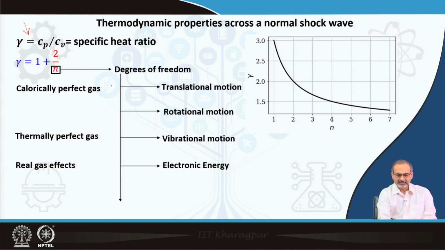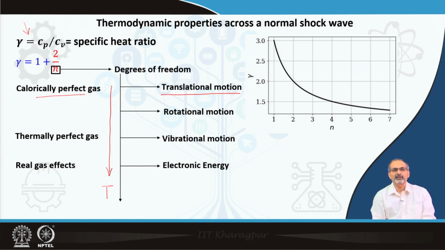If we increase the temperature of the gas from top to bottom, then we see at much lower temperatures only the translation motion of the gas molecules are active, and at those lower temperatures the gas indeed behaves like a calorically perfect one, where Cp, Cv are all constants.